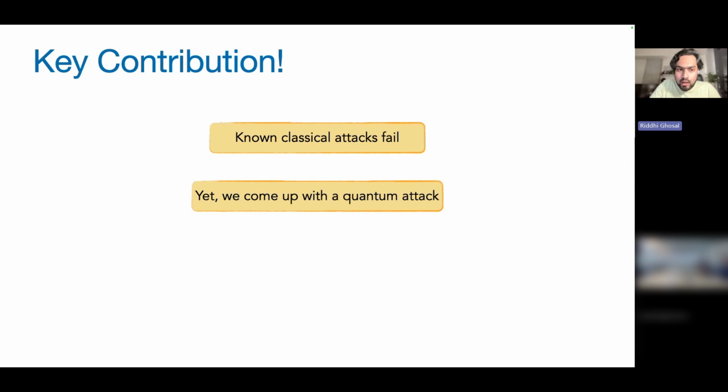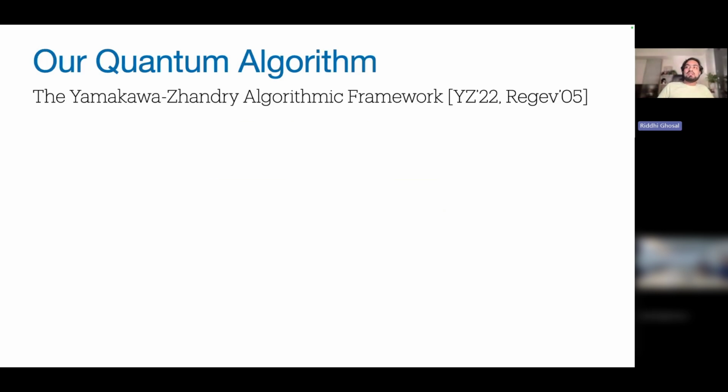So our quantum algorithm basically follows this Yamakawa-Zhandry framework, which was also, I think, even earlier adapted by Regev in his quantum reduction between SIS and LWE, or SIS and SVP, one of those reductions. So what does this framework involve?